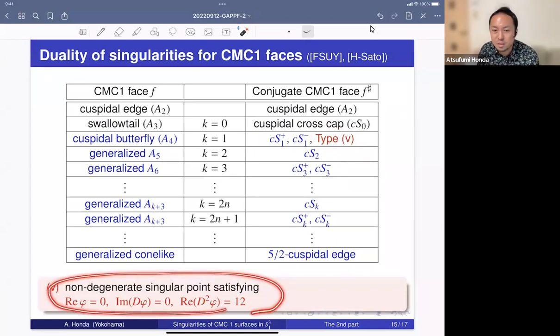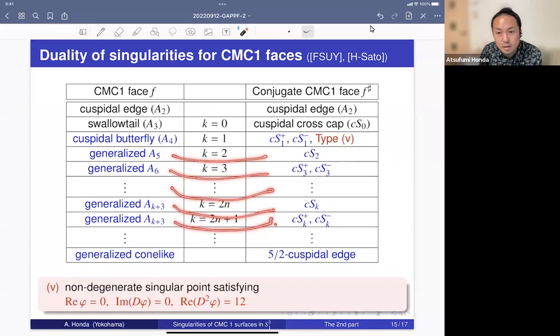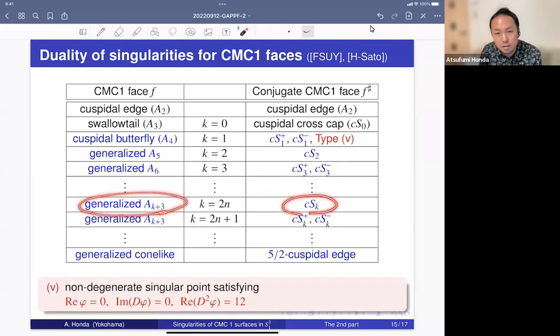And also, we found this mysterious singular point, which was not found before. We do not know what this singular point is, but we recognized it by the classification table. And also, we can prove it for AK and SK, generalized AK3 and CS1 plus.